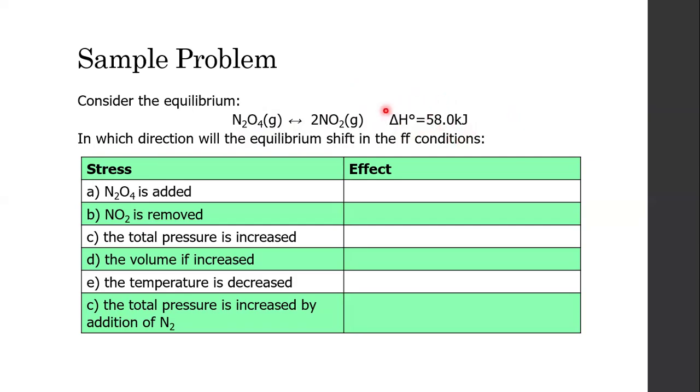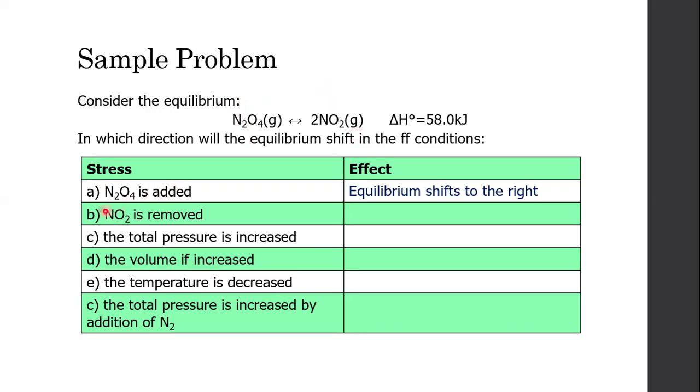Okay, so recall that enthalpy would tell you the energy change of a reaction. We're asked in what direction the equilibrium will shift when we add more reactant. So if we add more reactant, then the equilibrium shifts to the right, to the opposite side.